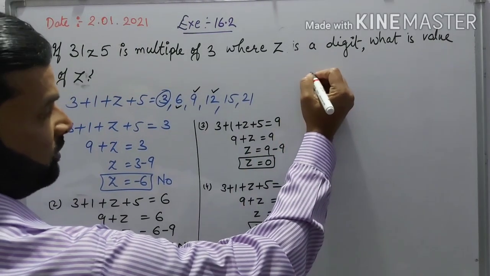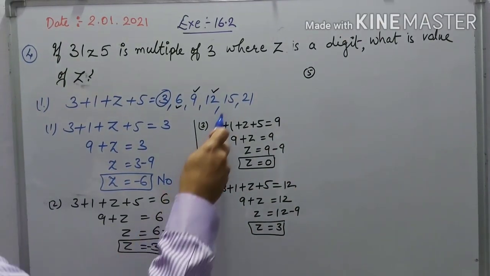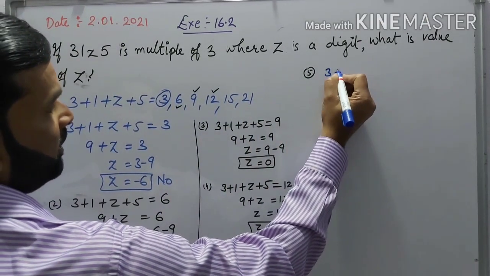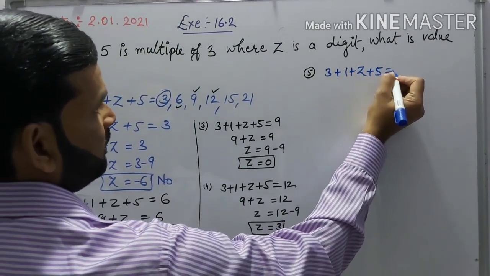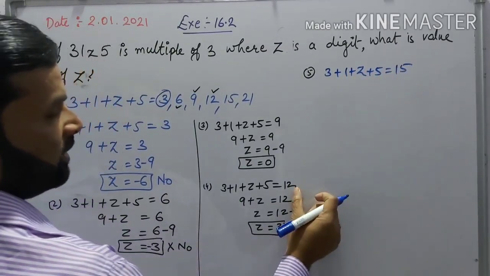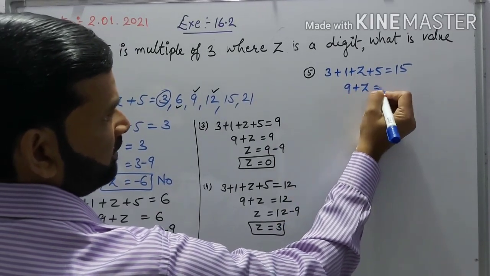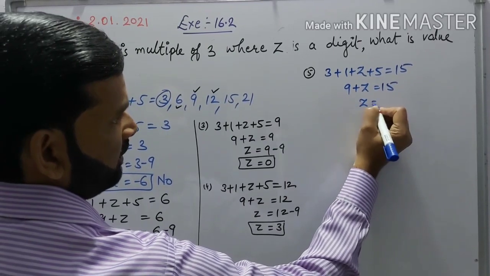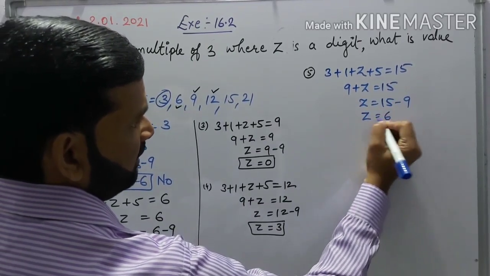Next is the fifth step. In the fifth step you use the number 15, meaning 3 plus 1 plus z plus 5 is equal to 15, because 12 was already used. So 9 plus z is equal to 15, and z is equal to 15 minus 9, which is 6.